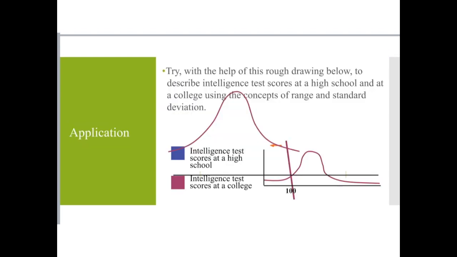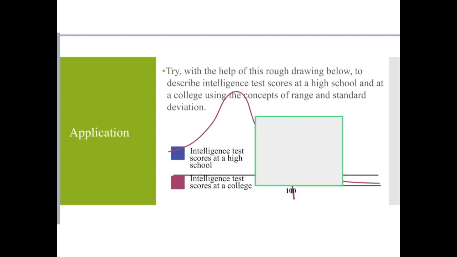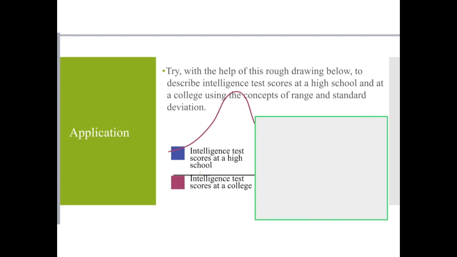testing. With that said, here is a good example of an intelligence test as a representation of some of these statistical ideas. So I want you to try, with the help of this rough drawing below, which is in fact pretty rough, ignore this little squiggly line there.